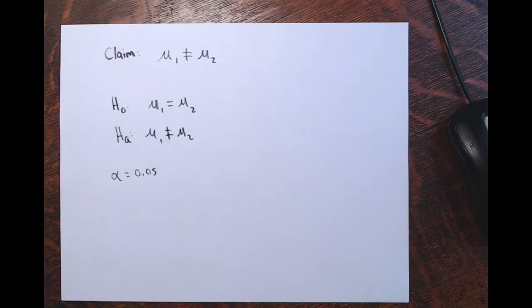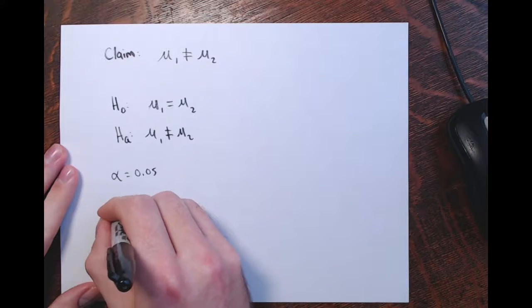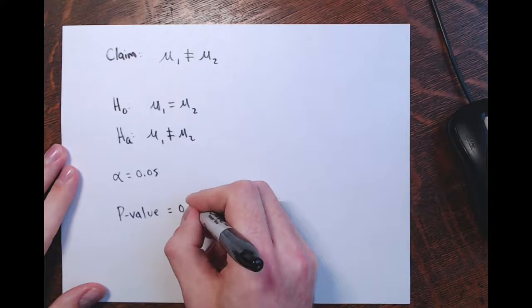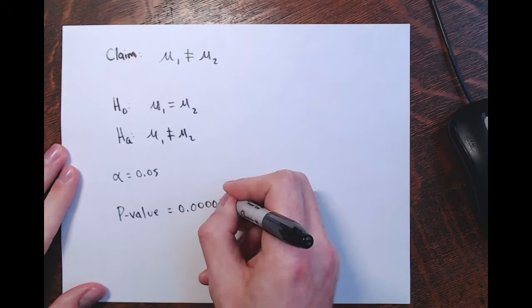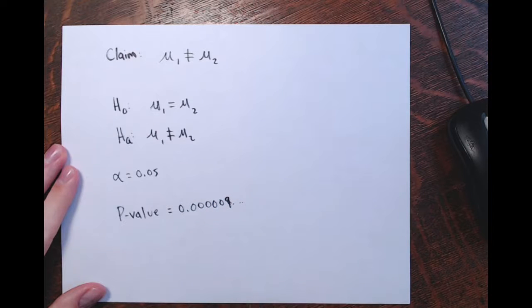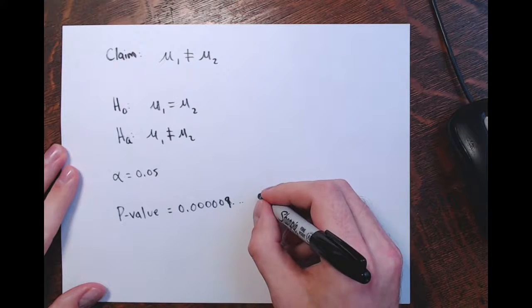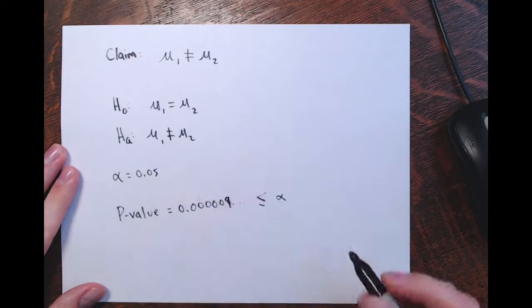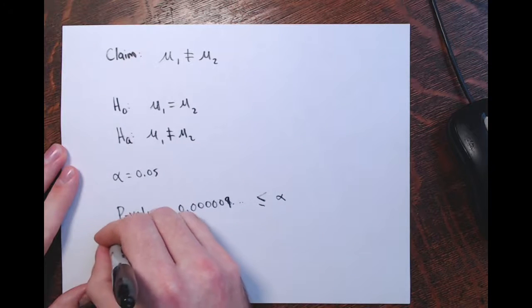So let me go back to my paper. We found our p-value, right? The p-value was 0.0000009 something, and the p-value is definitely less than or equal to alpha, right? Alpha was 5%. So just remember what that means, right?